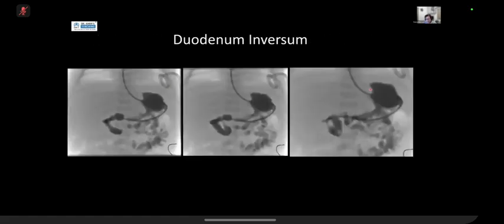I can't remember who described it, but there is a very nice Radiographics paper, probably from the 1930s or 1940s, which says that instead of your small bowel forming that routine, nice C shape going past to the third part, your duodenum is slightly redundant, going up superiorly and towards the right before going across the spine to the left side to the DJ flexure. So that's the inversum.